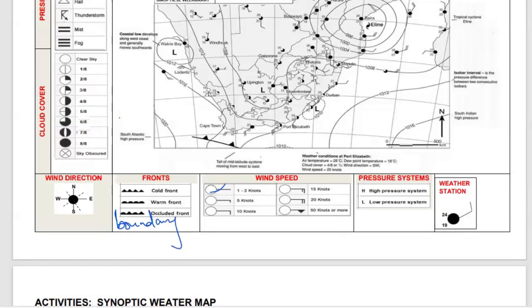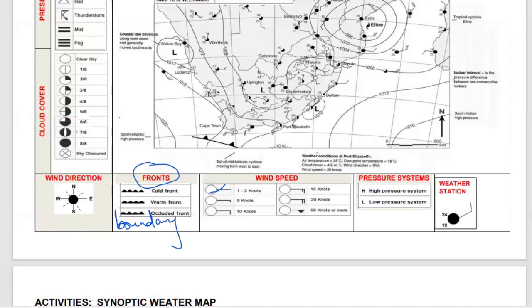That's a front. When talking of a front, we are looking at a boundary. So our boundaries, they differ. Remember, what makes the boundary is the fact that if we have two different air masses, those two air masses cannot mix if they are of different properties. Properties, what are we saying? If we have a warm air mass and a cold air mass, their properties in terms of temperature are different.